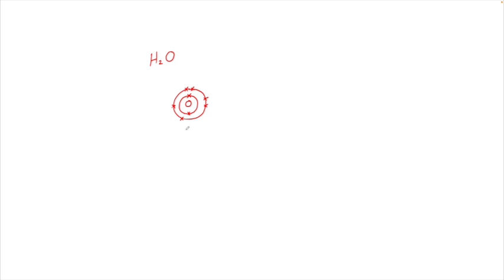So in the case of H2O, it shares one electron with H, which has already one electron, and it attains stable configuration when it gets two electrons. So it shares with H and it shares one more electron with another H. So what happens? H gets two electrons in its outer shell, and this H also gets two electrons, and this oxygen gets 8 electrons at outer shell. So this is a stable configuration. In this case, you can see it is sharing only one electron with one element.